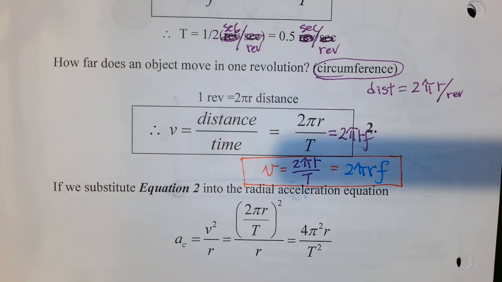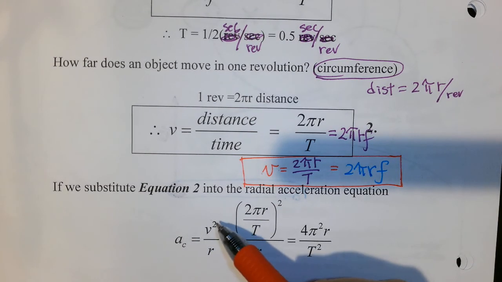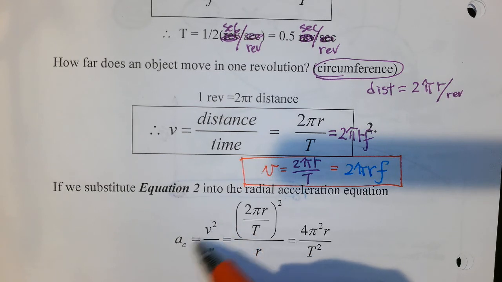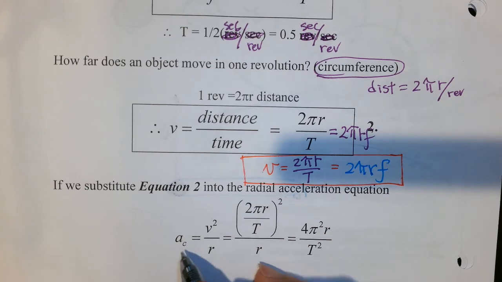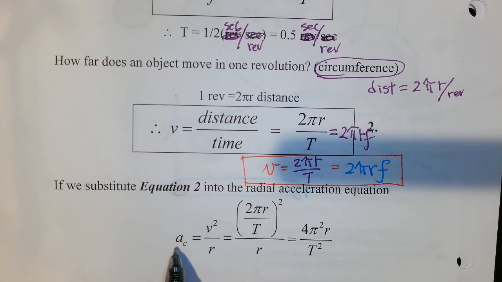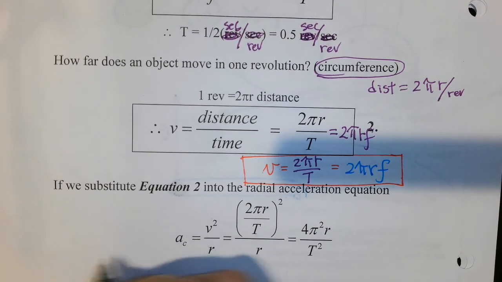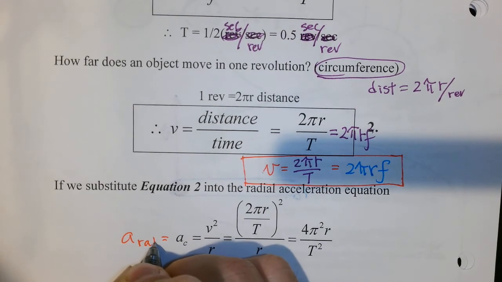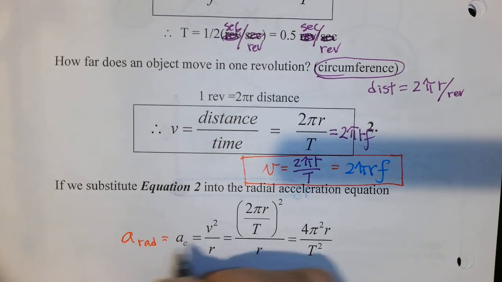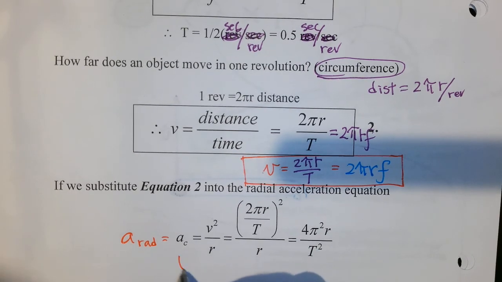So if we were to substitute this v for the v squared over r for the acceleration, we can also calculate now interpolated acceleration by this. A sub c means a centripetal. This is the same as a radial.